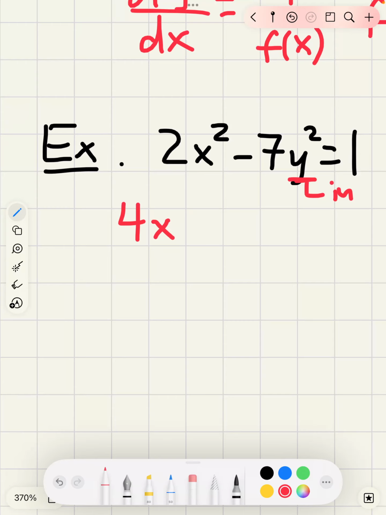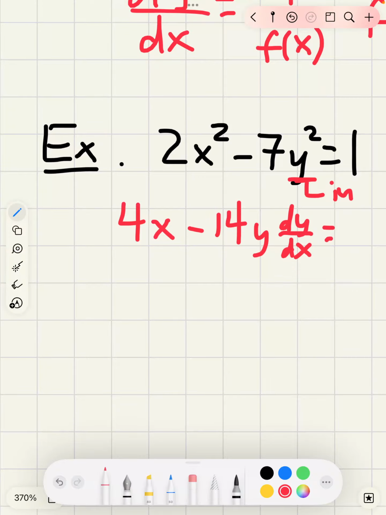So start with our derivative of the outside, we get negative 14 stuff multiplied by derivative of stuff. And the derivative of y is just dy dx. Again, we don't know what that is yet, but dy dx, chain rule. Then on the other side, when I differentiate 1, I get 0.